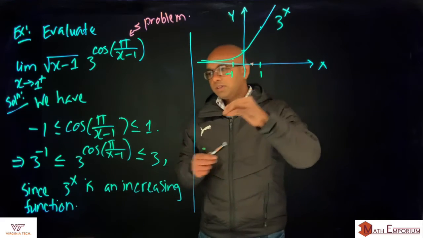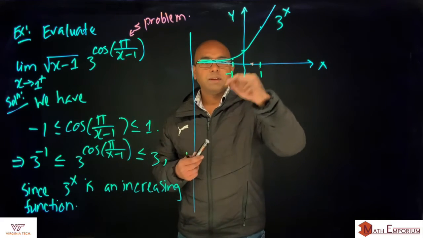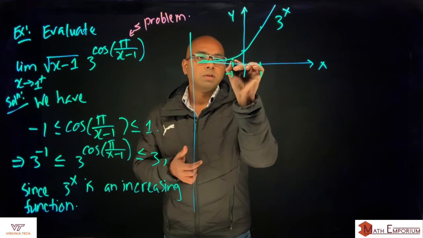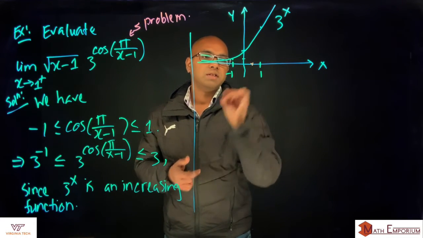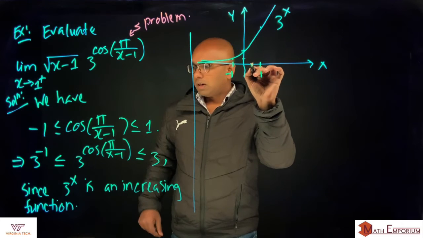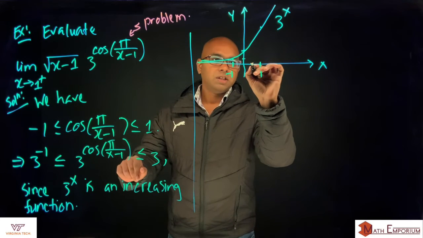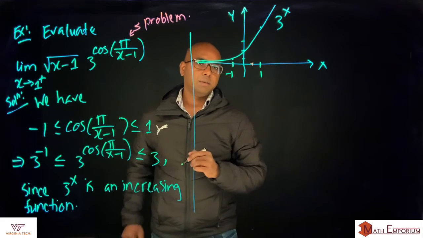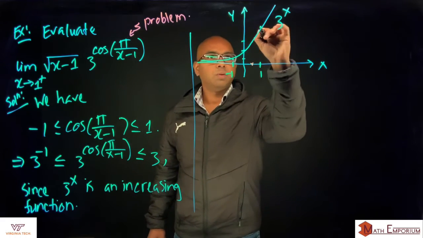And therefore, when you raise this to the power, 3 to the negative 1 is here, which is on your y-axis. 3 to the power cosine pi over x minus 1, that will be this point on the y-axis. And then 3 to the 1 is 3, it's there.